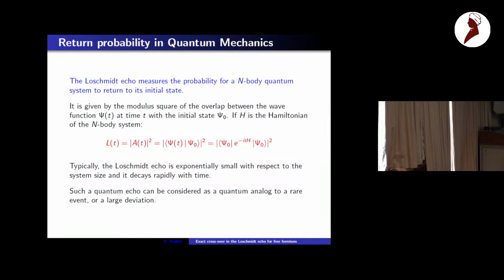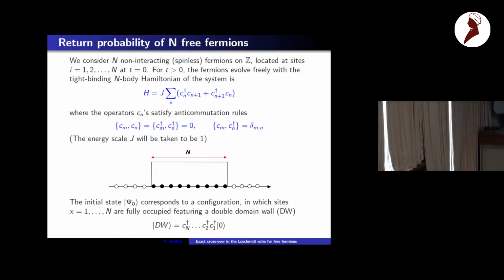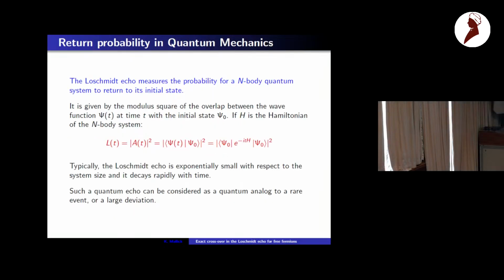If you have an n-body quantum system described by a wave function psi, which evolves as psi of t under a given Hamiltonian, you want to know after a time t how much the state psi t resembles the initial psi 0. So what you want to compute is this quantity L of t.